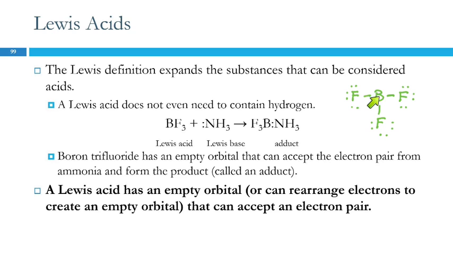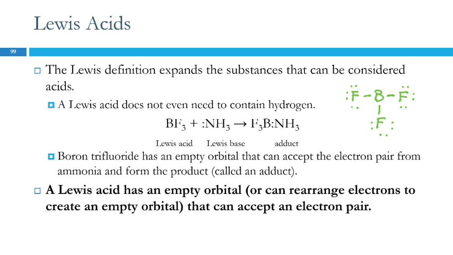And so when this guy gets near that guy, and this one's like, well, I'm willing to share a pair of electrons with you, boron's like, oh, that would just make me super happy. And so they get together. And when a Lewis acid and a Lewis base combine, they're called an adduct.